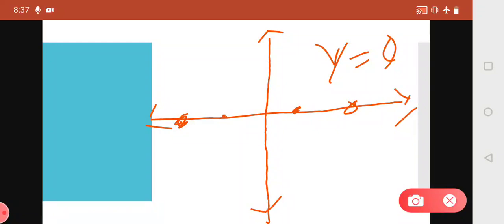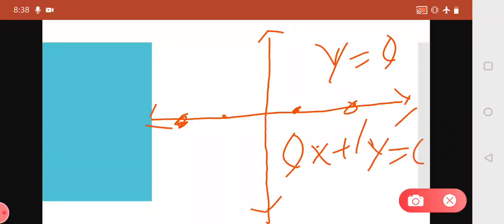Now, this same equation we can convert into a linear equation in two variables, that is, 0x plus 1y equal to 0. This means that for any value of x, y will always remain 0.